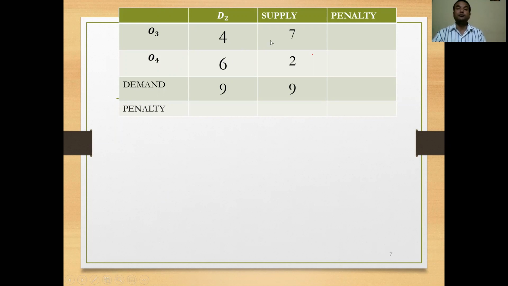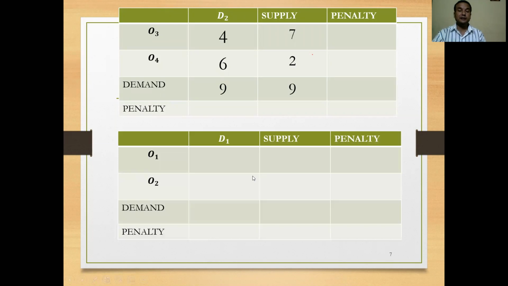And here we think directly, nothing to find the penalty, we think directly what is the minimum cost. Minimum cost is 4 here. Since minimum cost is 4 here, we see what is the available item which can be supplied to this cell, and the available item is 7 and requirement is 9. Therefore maximum 7 items can be supplied to this cell. So in this table, for this 4 we have taken 7 items here.